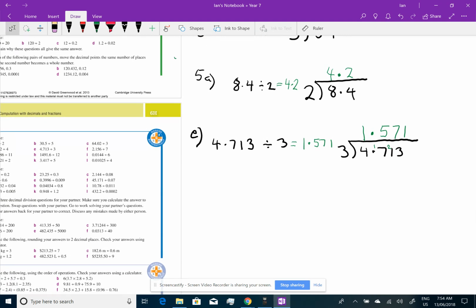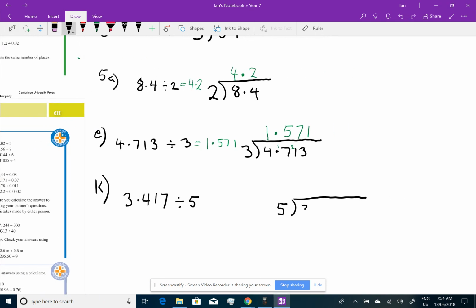Okay. Let's do one more. Let's do k, because I think k is going to be a bit harder. 3.417 divided by 5. So I set up my algorithm because I'm dividing by a whole number.